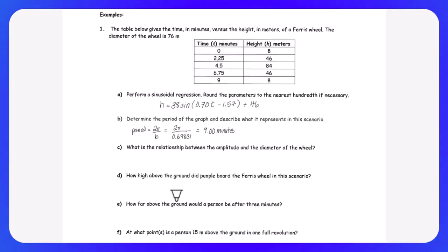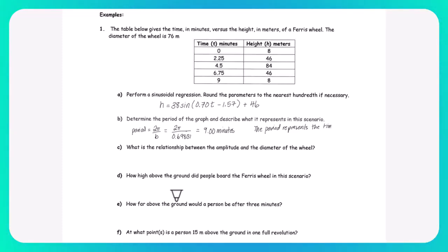Well, we've done a lot of Ferris wheel questions already, so we know that this represents the time it takes for the Ferris wheel to go around once. So let's write that down. The period represents the time for one revolution.